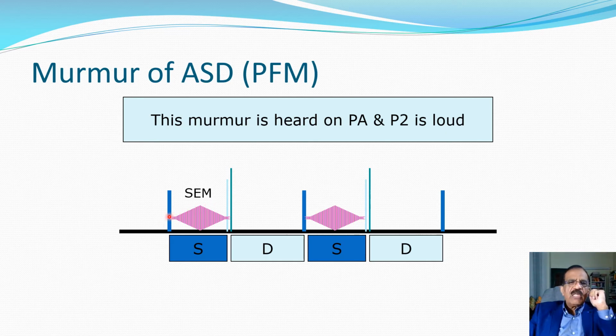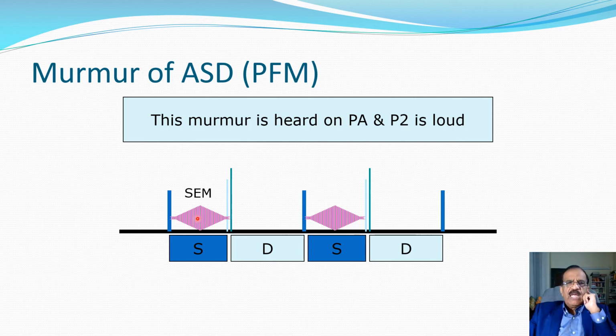And you know, a systolic ejection murmur has this diamond shape. It starts some milliseconds after the first sound, then it increases in intensity, reaches its peak in the middle of the systole, then it decreases in intensity. This is called a systolic ejection murmur.